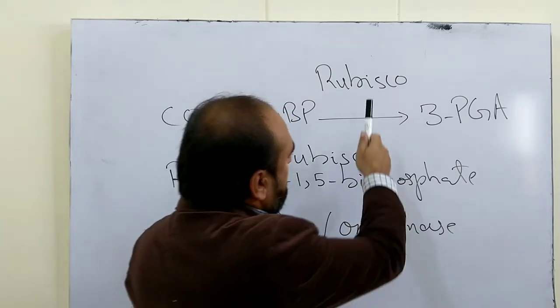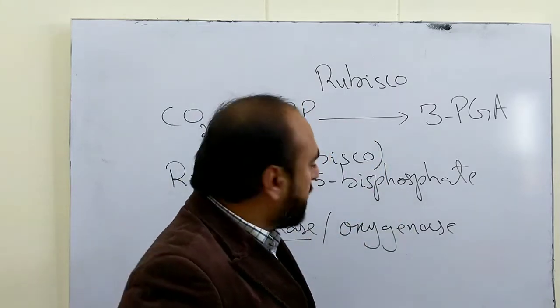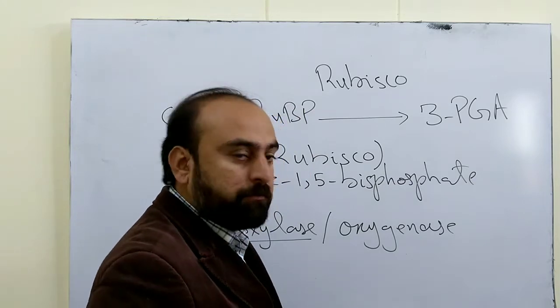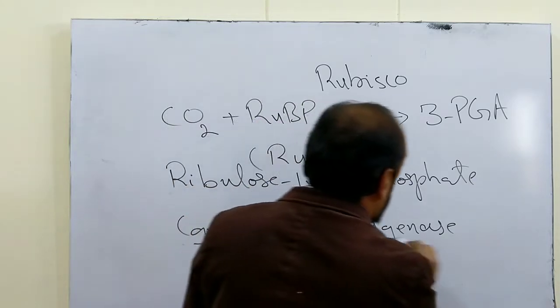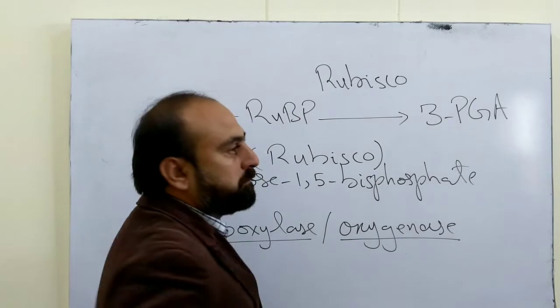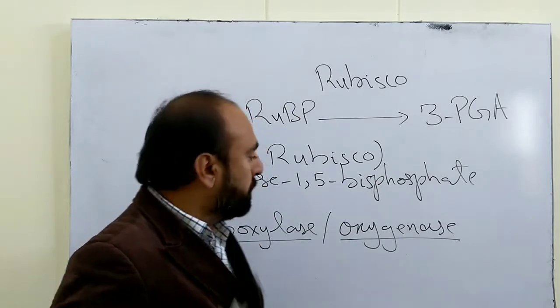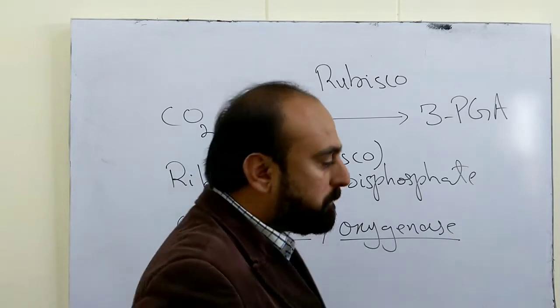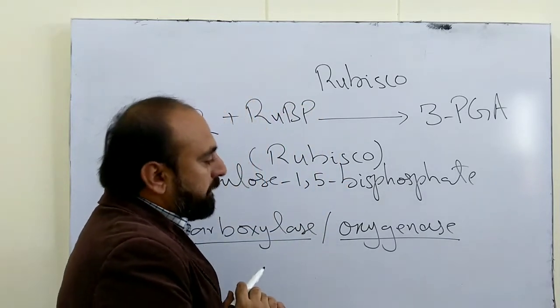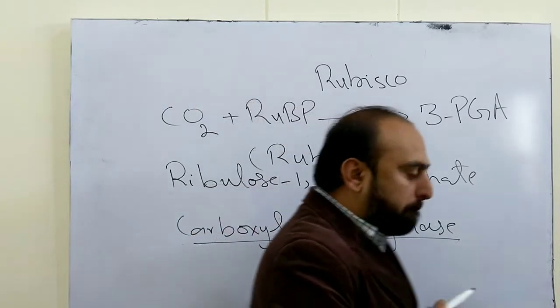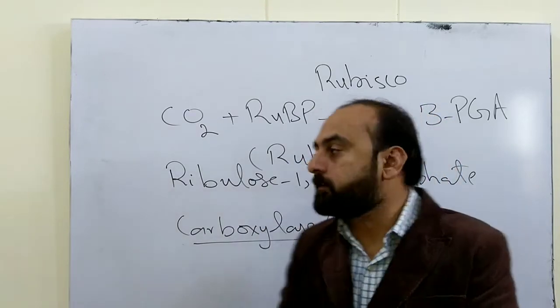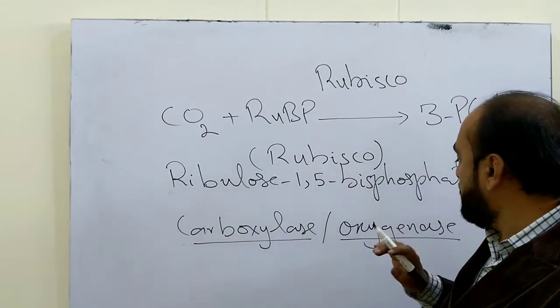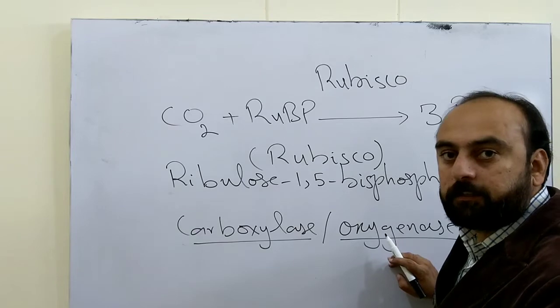But the problem with this Rubisco is that it can also fix oxygen instead of carbon dioxide. So Rubisco is like a good friend with a bad habit. In this lecture we will discuss what happens when Rubisco acts as oxygenase.